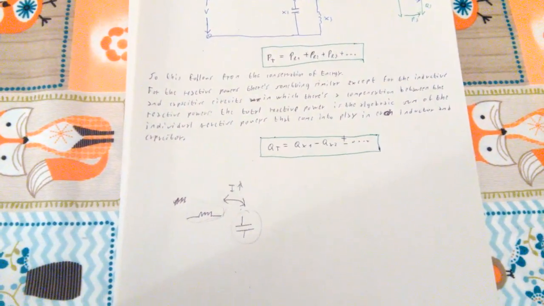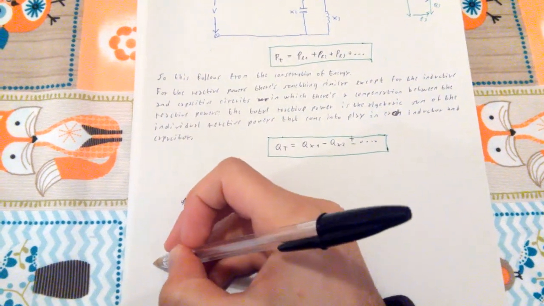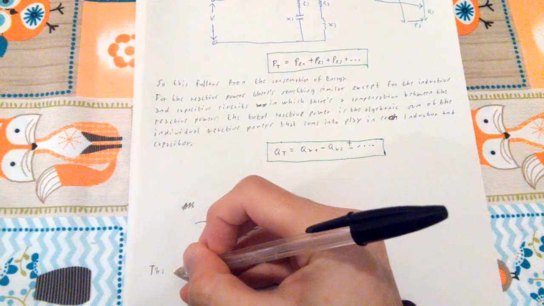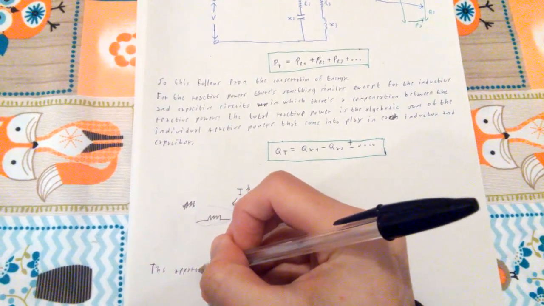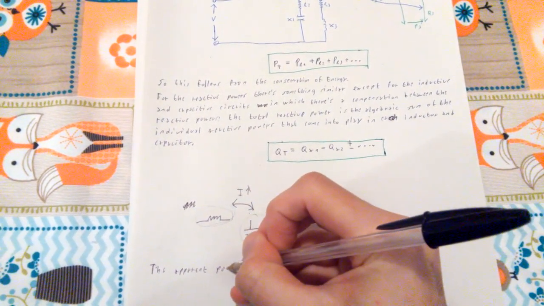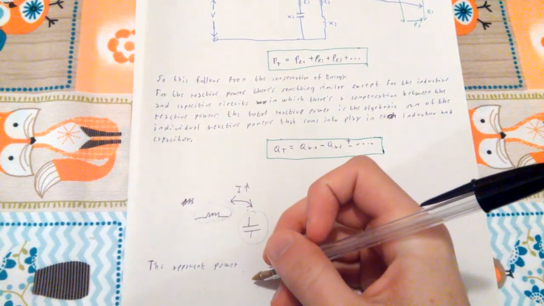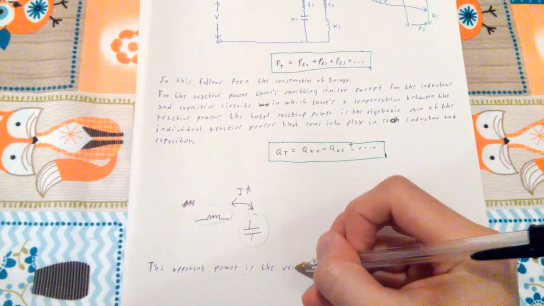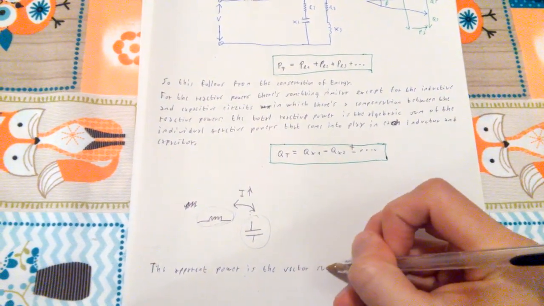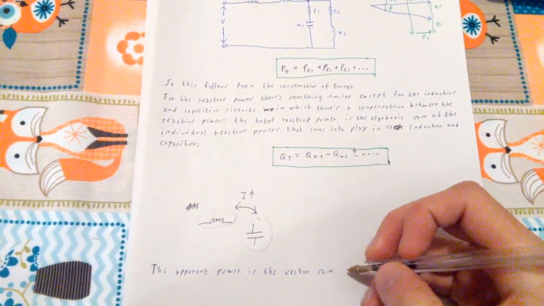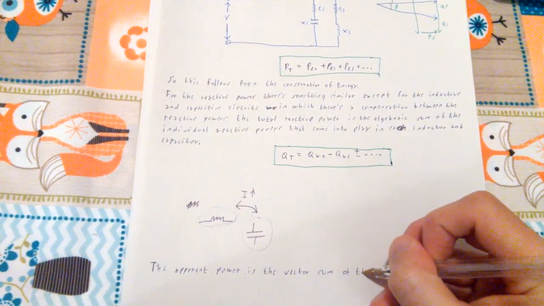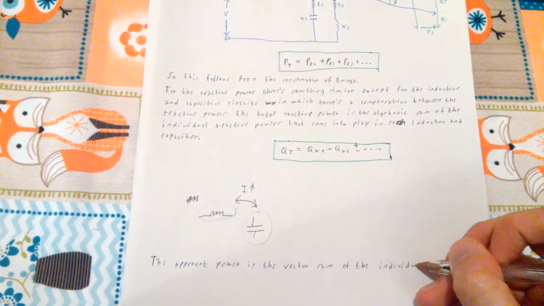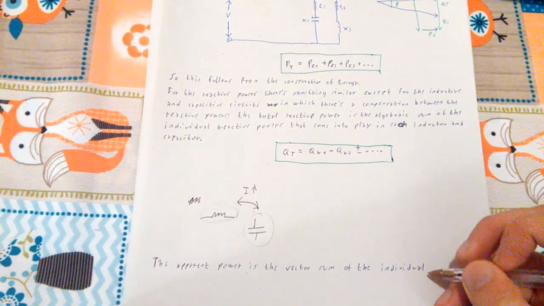The apparent power is the vector sum of the individual apparent powers.